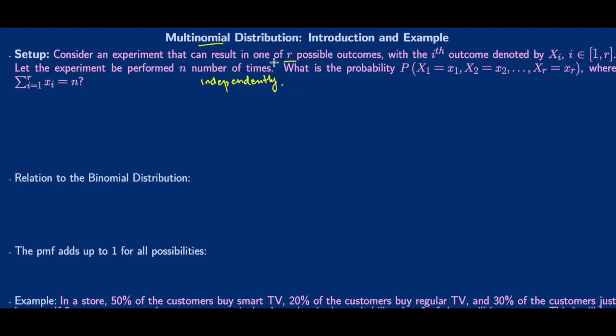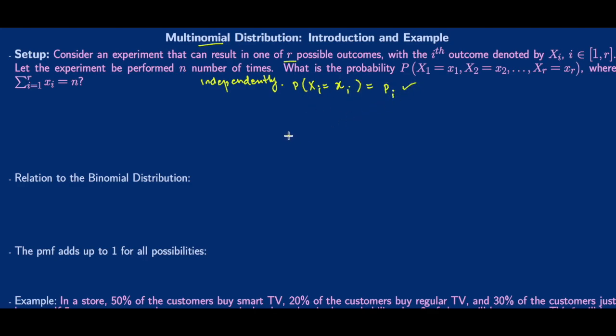Additionally, we also say that p of xi is equal to pi. This is a short form we will use.